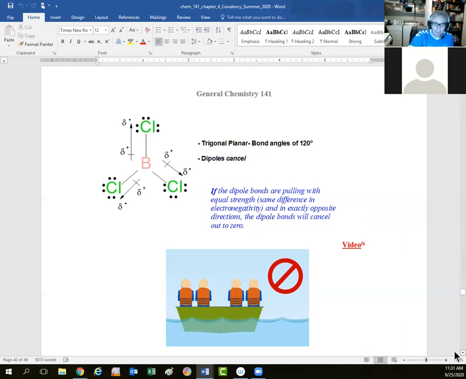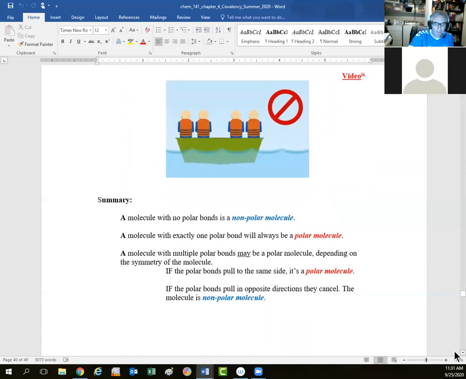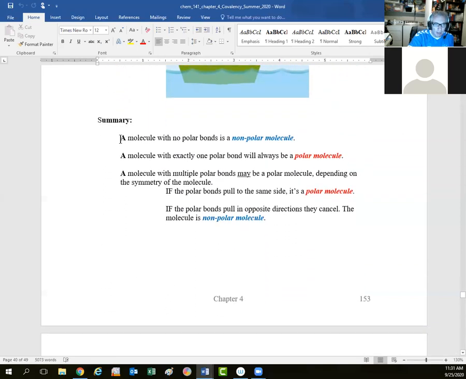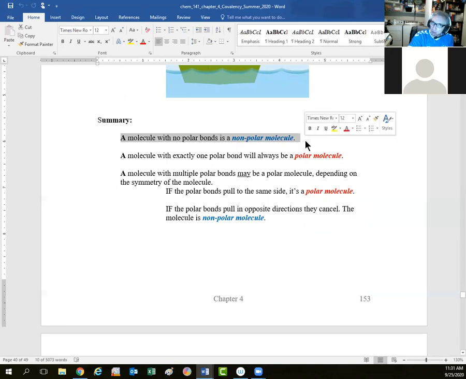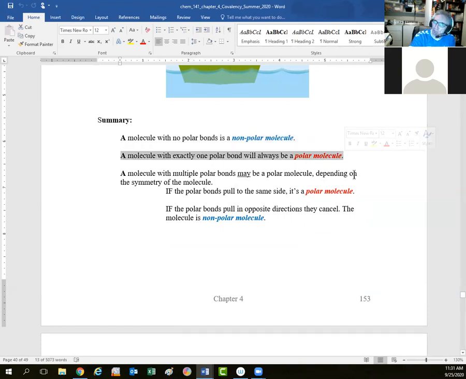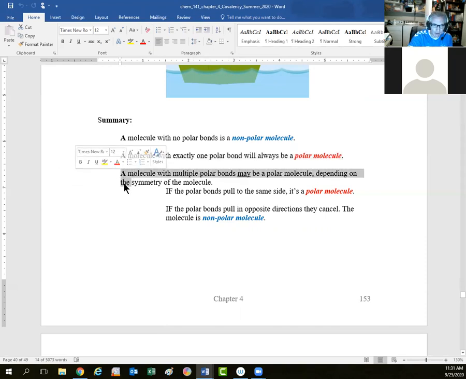So remember, if the molecule doesn't have any polar bonds, then the molecule is generally non-polar. If it has exactly one polar bond, then the molecule is always polar because electrons are being pulled to just one side of the molecule. The tricky part is when we have multiple polar bonds. Are they working together to draw electrons to one side?